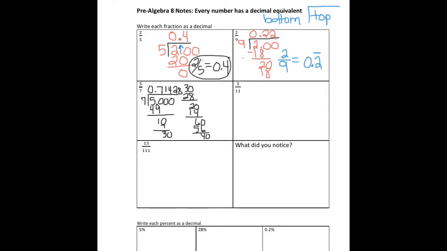Bring down a 0. Does 7 go into 40? Yes, it does, 5 times with 35. 40 minus 35 is 5. Bring down a 0. And does 7 go into 50? Yes, it does, 7 times with 49.